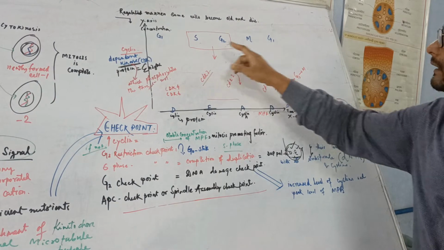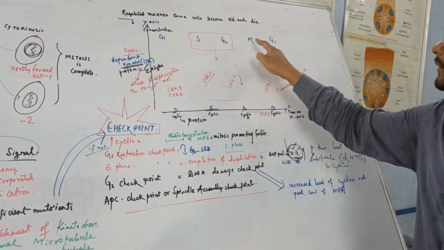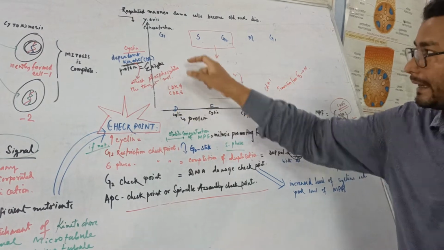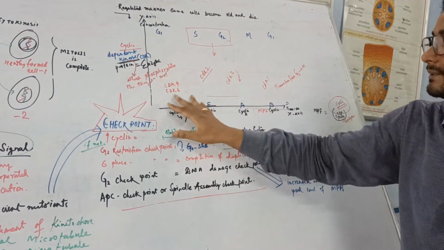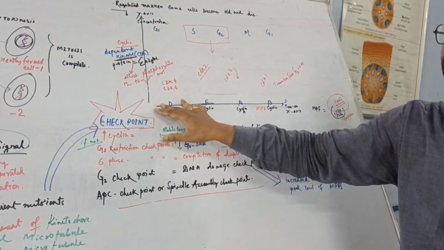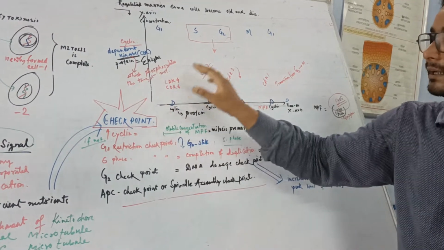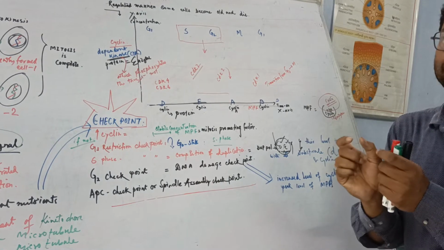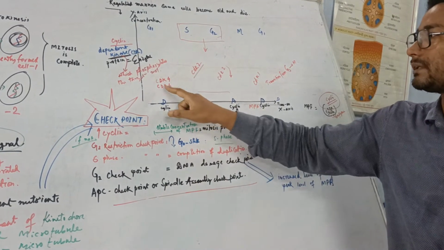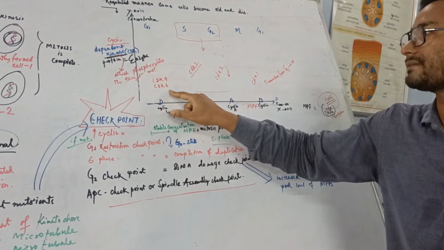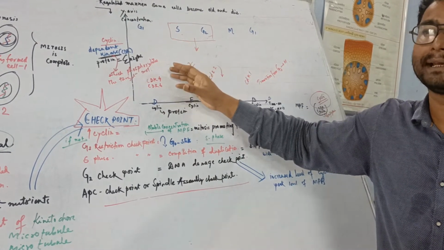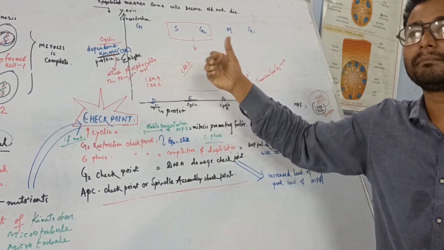During the G1, S, G2, M phases, according to the phases of the cell cycle, interphase is a gap phase, so it is a time span. Here you will see CDK4 and CDK6 combine with cyclin, and they will phosphorylate some enzymes.